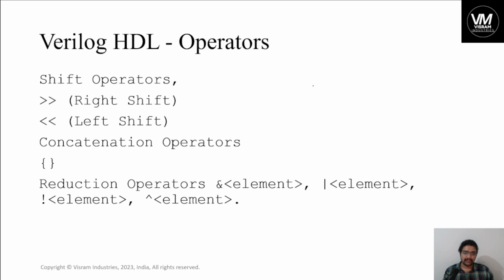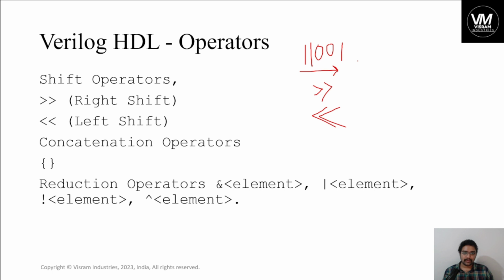When I say right shift and left shift, for example, you have a data of 1 1 0 0 1. If you say right shift, as a random example, right shift means one element can go right and the other element can be added in the left. So these will be moving towards the right.